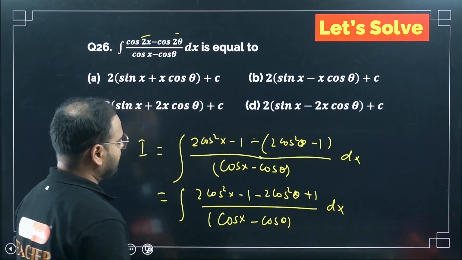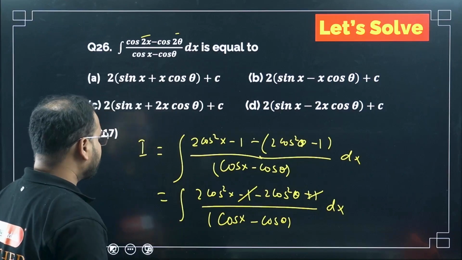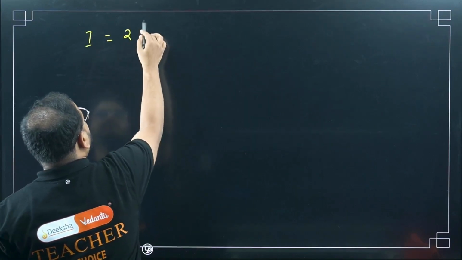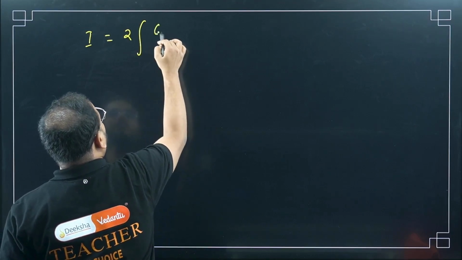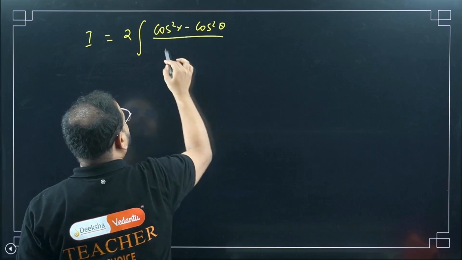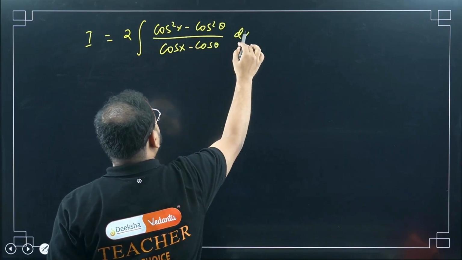Please check. Minus 1 plus 1 gone. So I can write my integration as I equals, taking 2 common, cos square x minus cos square theta upon cos x minus cos theta, dx actually.